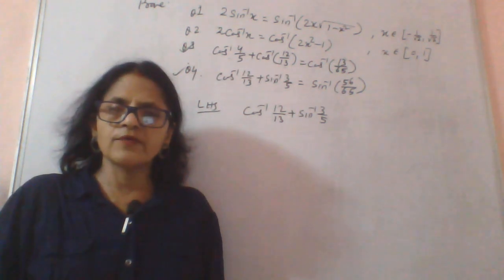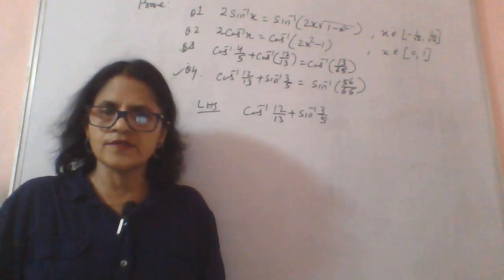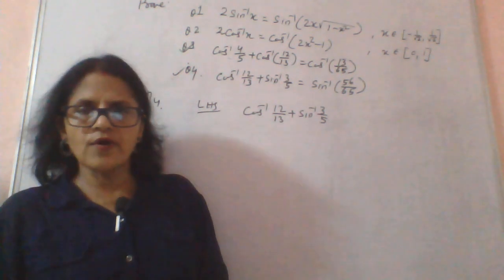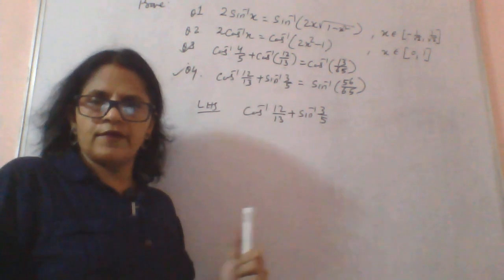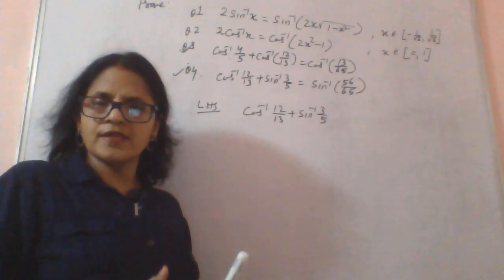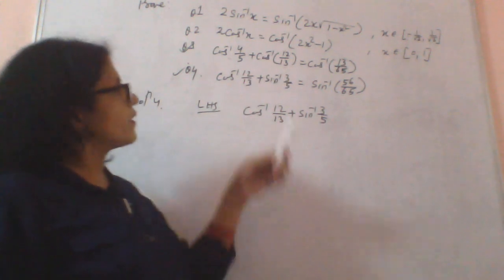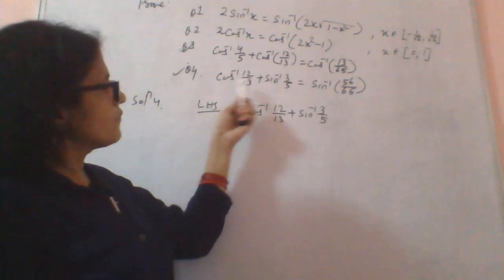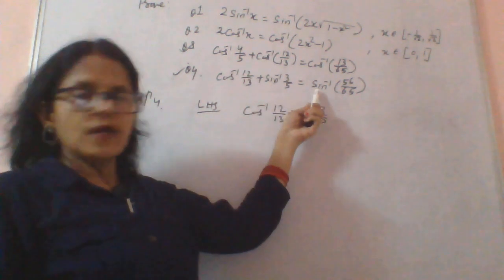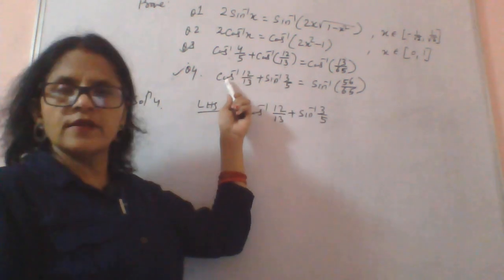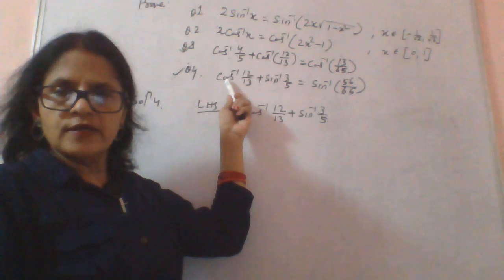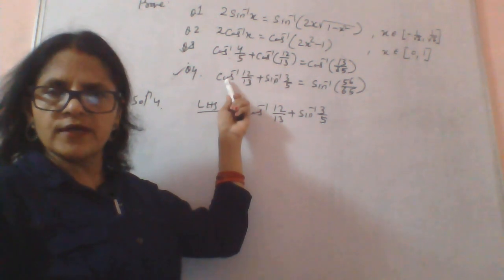Whenever we get only sin inverse or only cos inverse in the RHS, we can use those formulas, actually 4 formulas. But here we have cos inverse and sin inverse. If we can convert this into sin inverse, it will be easier to take the formula directly.